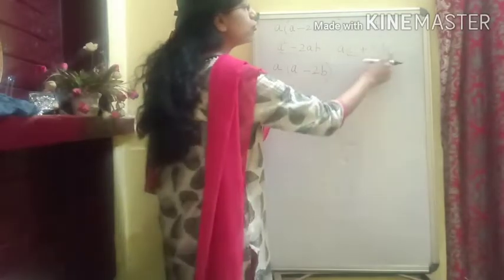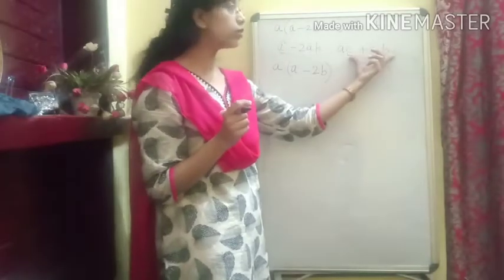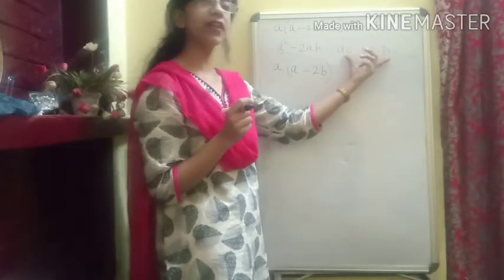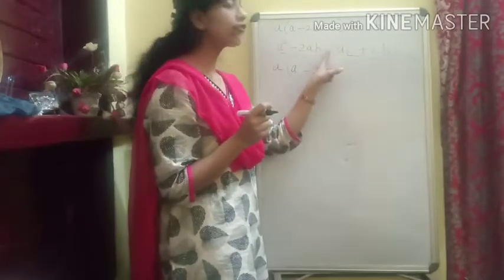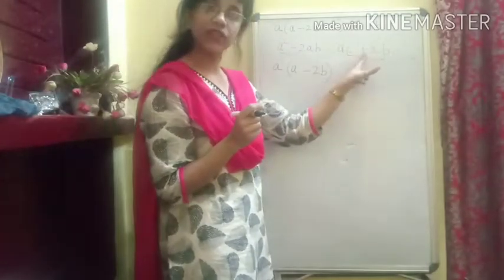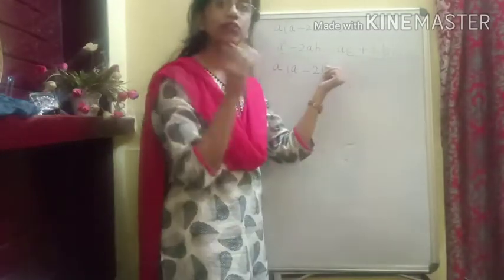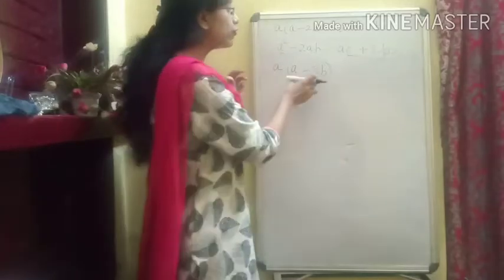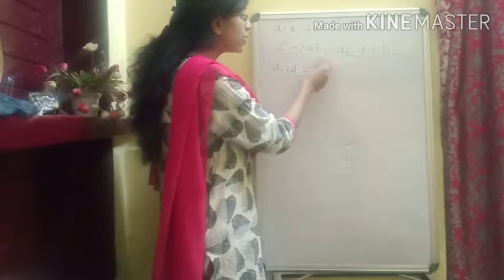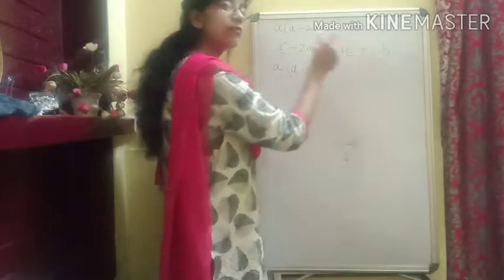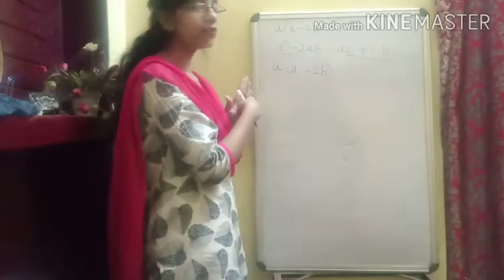Now from these two terms, whenever you are taking common, you have to be very careful which sign you are going to take common, because here you have minus and here you have plus. Now which sign to take common? Whenever you are going to take common, you need to see your first bracket. The second bracket should come similar to the first bracket so that it can further be taken as common.